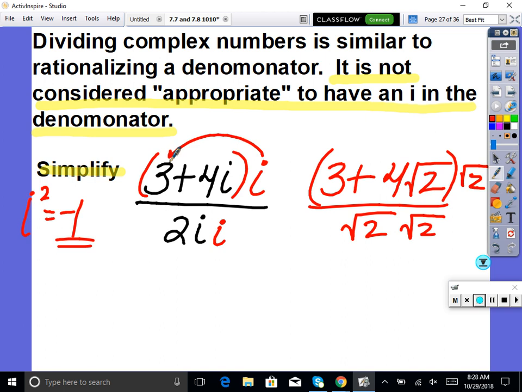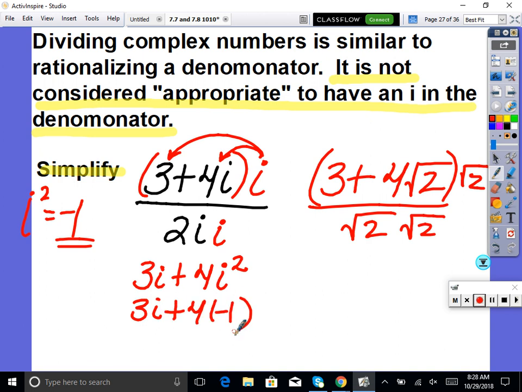We'd have 3 times i, which is 3i. Then we have i times 4i, so that's plus 4i squared on top. Isn't that 3i plus 4 times negative 1? So then that's 3i minus 4. So on top, a plus bi would be negative 4 plus 3i.